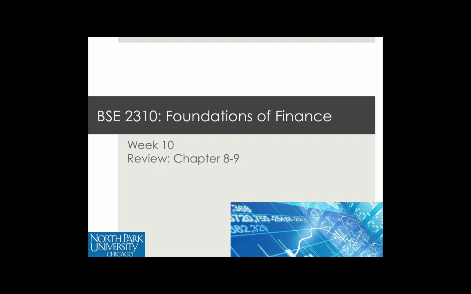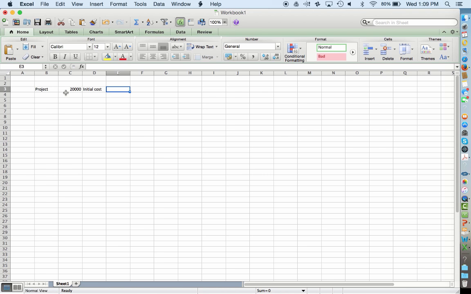Okay, so I have a project, and it has a $20,000 initial cost. That initial cost essentially represents the investment. Then that project is going to generate $5,800 of cash inflows, and that's going to be per year.